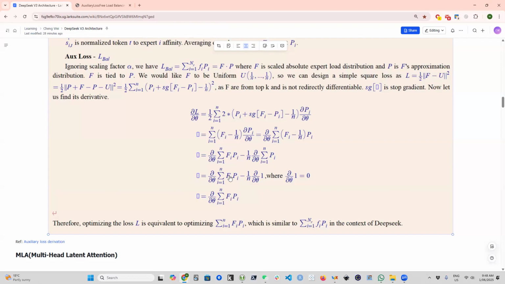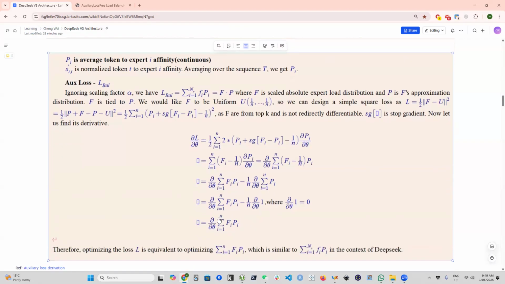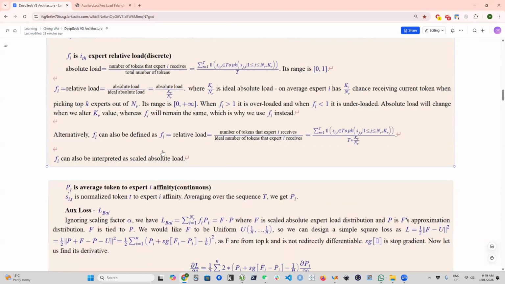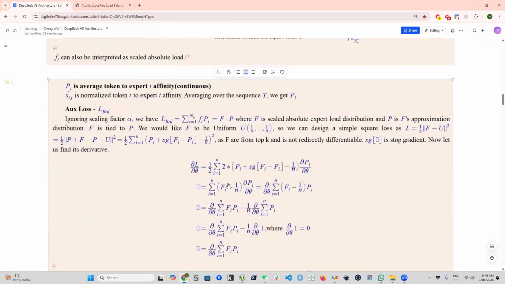Which means if we take the derivative of this loss, it is equivalent to taking the derivative of this. And this is the derivation from here. The official paper doesn't have a derivation explanation.